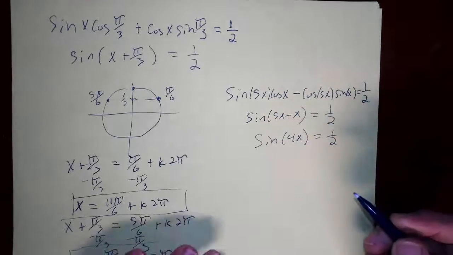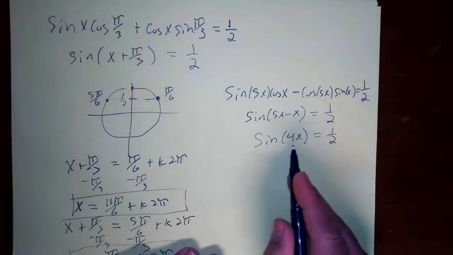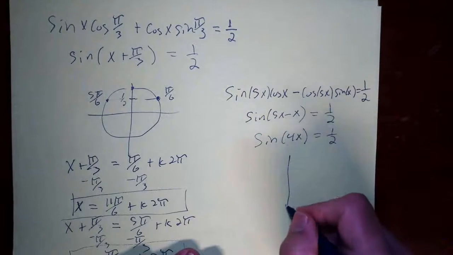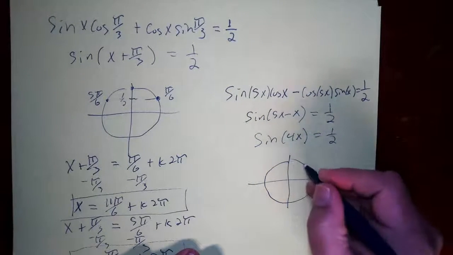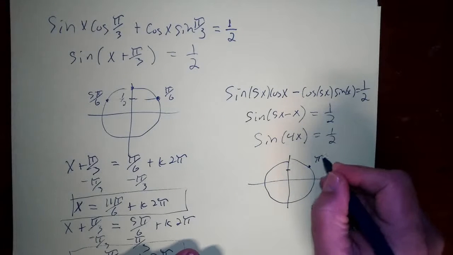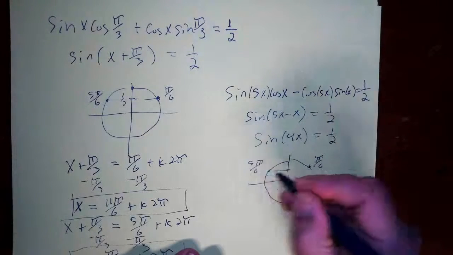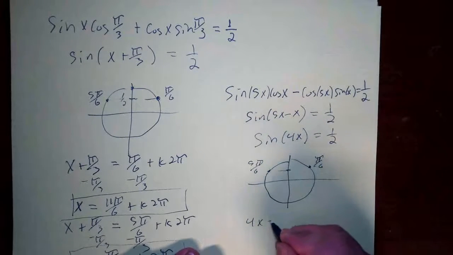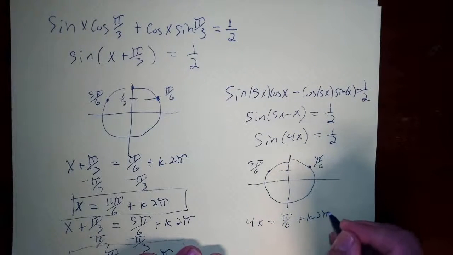And I guess I could go ahead and solve this here. This just basically becomes a multiple angle identity. I think I might have done one of these on the earlier videos, but there's 1/2 there, pi over 6, of course, we just did it, and 5 pi over 6. So you'd get 4x is equal to pi over 6 plus k times 2 pi.